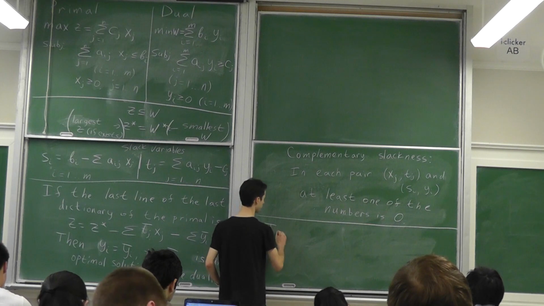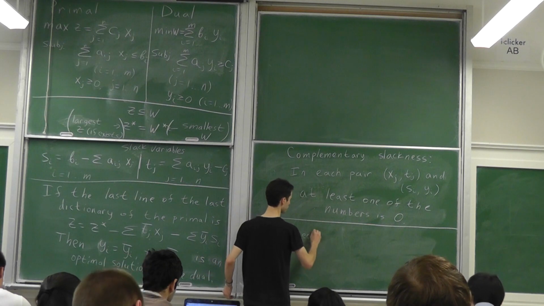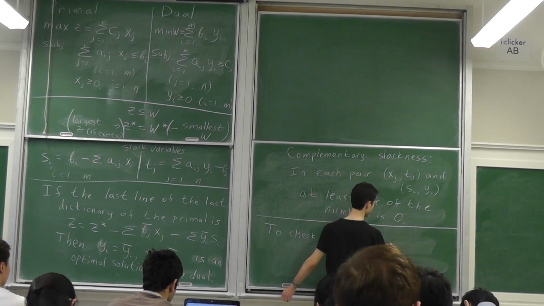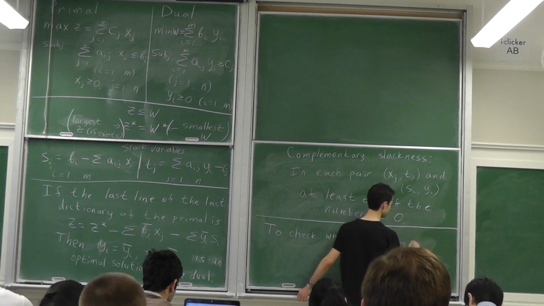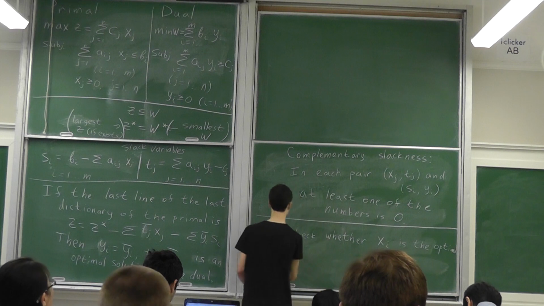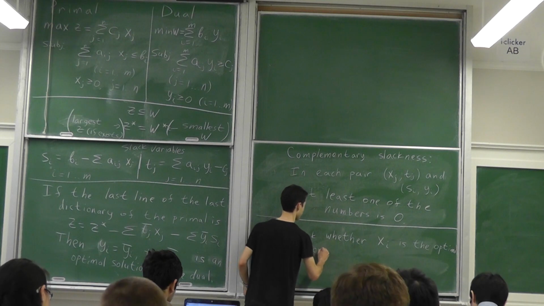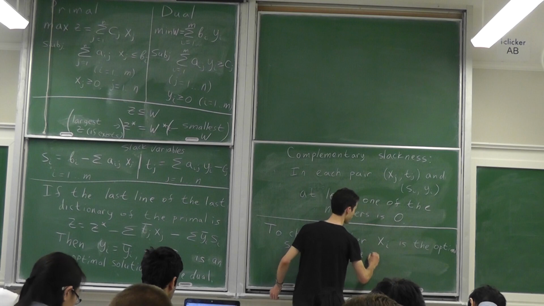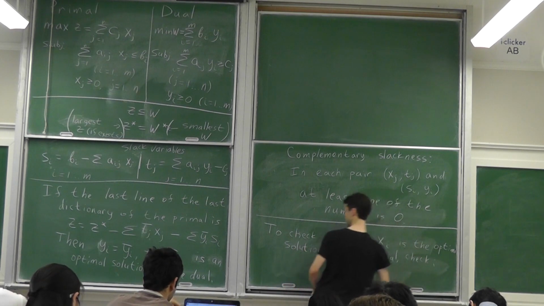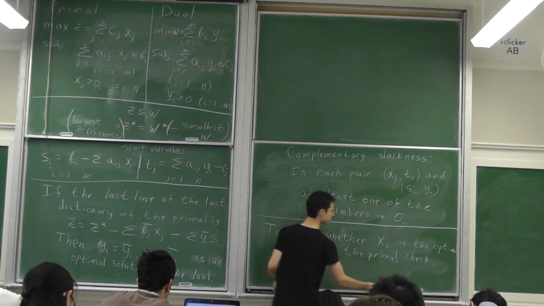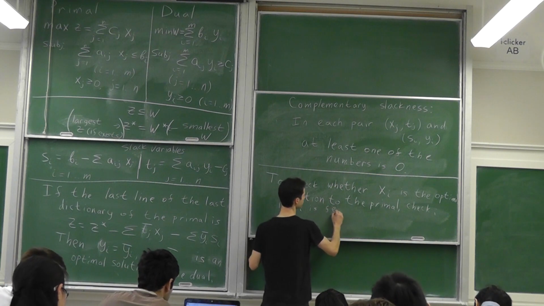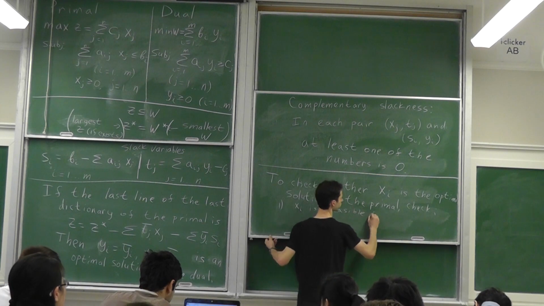So to check whether x_j is the optimal solution to the primal, check the following things. First, x_j is feasible for the primal.